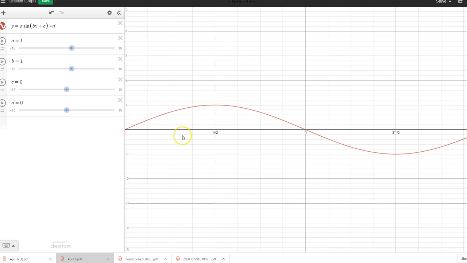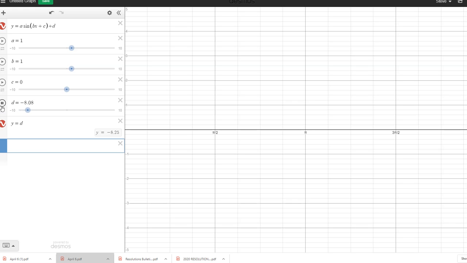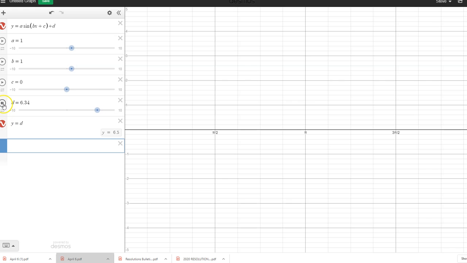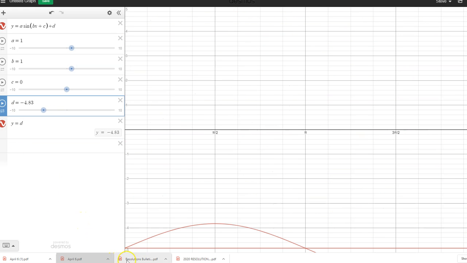And I could actually graph this, y equals d. So if I do that, that's the midline. And if I, again, hit D, you'll see that the middle of the graph, the midline, is moving up and down. Okay, so that's the midline. Okay, so let's stop that.